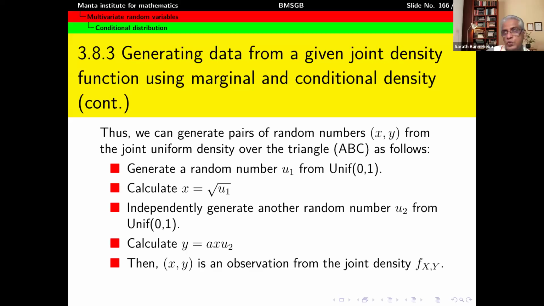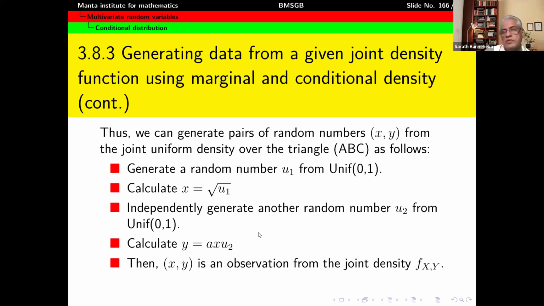The individual observations in the u2 vector and the x vector will now be multiplied, thereby you will get y. And then those pairs of x and y values: the x vector will contain 10,000 values, the y vector will contain 10,000 values. So now you have 10,000 pairs of xy points, and those can be considered as coming from this particular joint density that we want the data from.